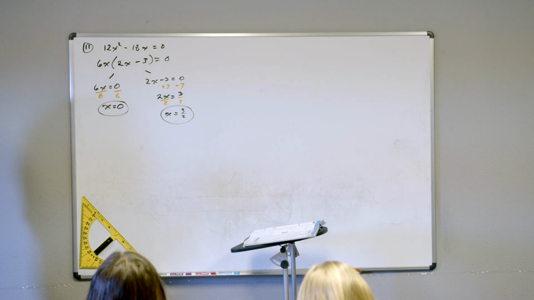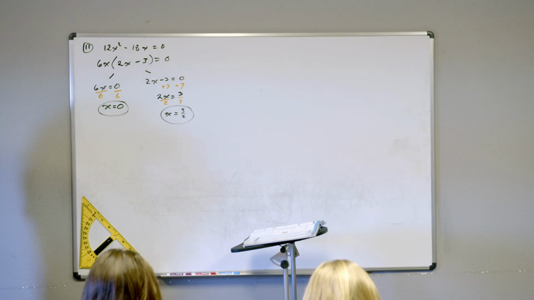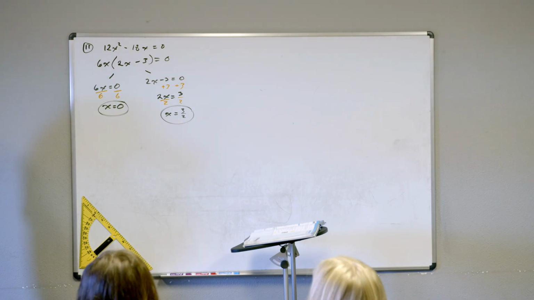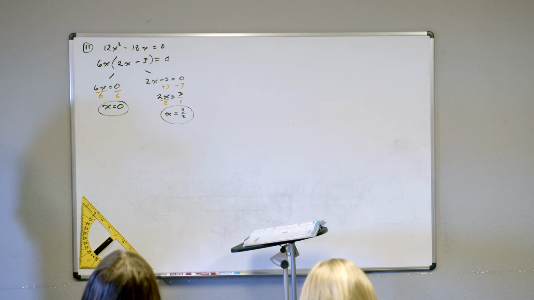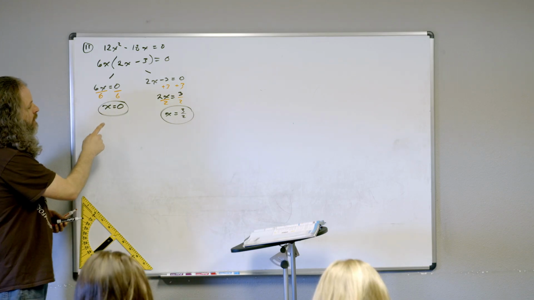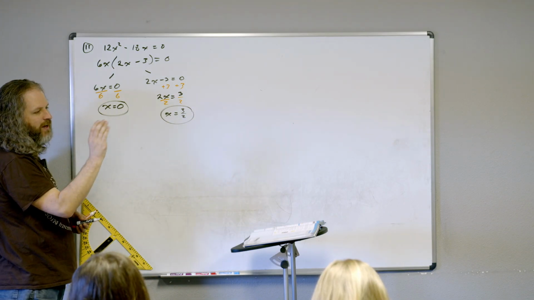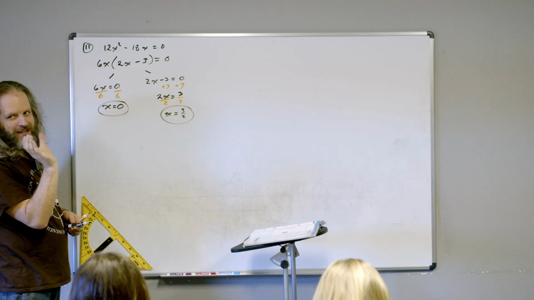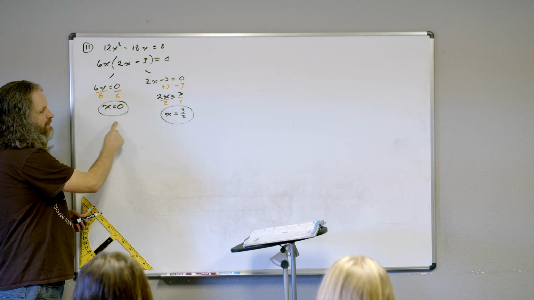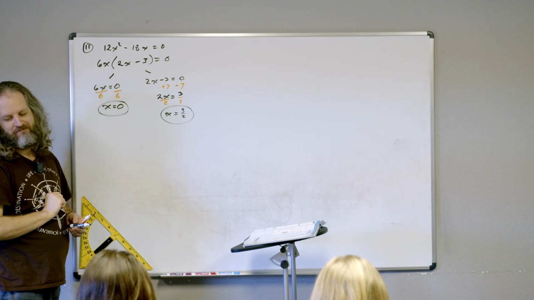So remember, the part that you might not have remembered: once you have a thing completely factored and equal to 0, you can set each factor equal to 0 and solve those. So this would be a quadratic that opens up and crosses the x-axis twice, at 0 and at 1.5, right?